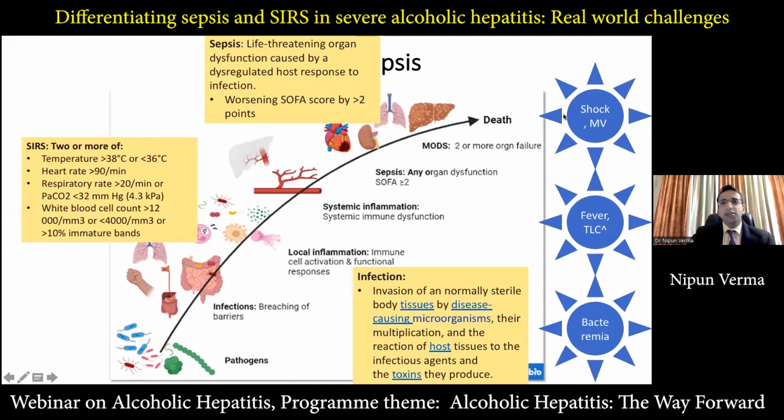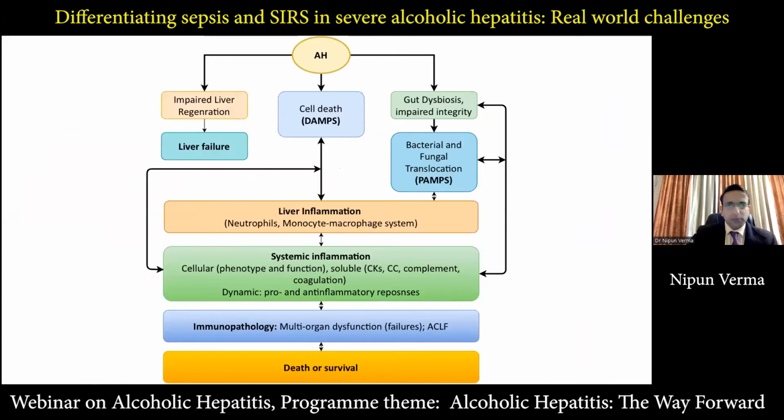which leads to fever and leukocytosis as systemic inflammation, leading to shock and mechanical ventilation as sepsis. What happens in alcoholic hepatitis is impaired liver regeneration, which leads to liver failure. The most important second component is cell death, which is immunogenic in many forms.